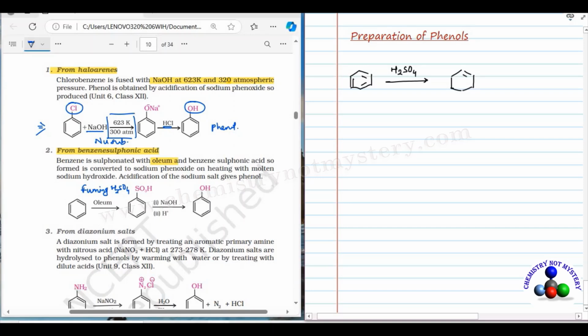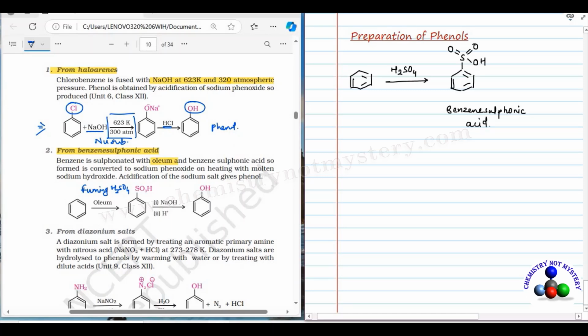So this is the benzene, and here this is sulfur double bonded to oxygen. On the other side also it is double bonded to oxygen. On the fourth side it is bonded to OH. So this is benzene sulfonic acid.